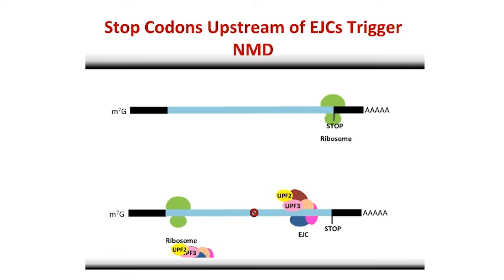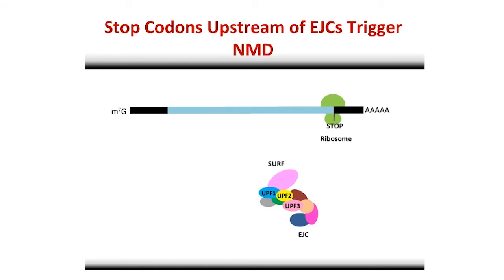Because here you have the unusual scenario where you have a stalled ribosome and an exon junction complex downstream. It's this unusual architecture that results in the recruitment of a third NMD factor, UPF1, which basically coordinates numerous protein complexes that result in degradation of the mRNA.